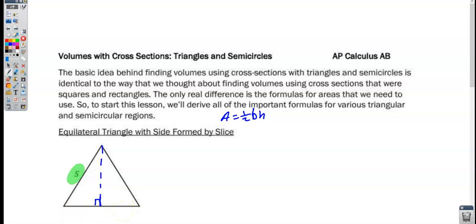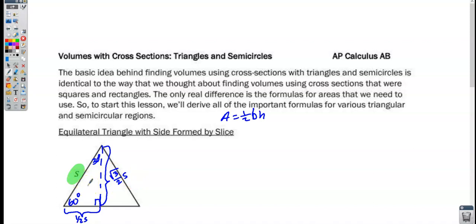And now there are some dimensions that I can get here. This is 1/2 times the length of the side. And when I cut an equilateral triangle like this, it makes it a 30, 60, 90 triangle, which means that this dimension here is √3/2 times the length of S.